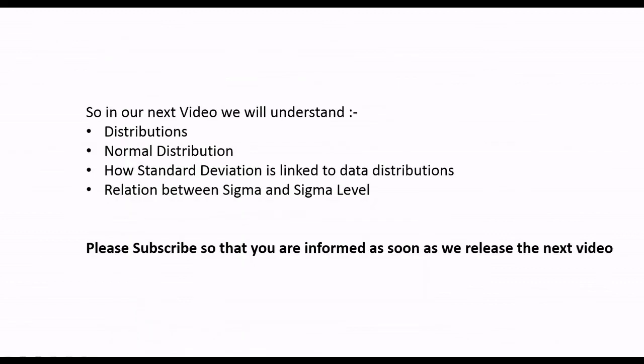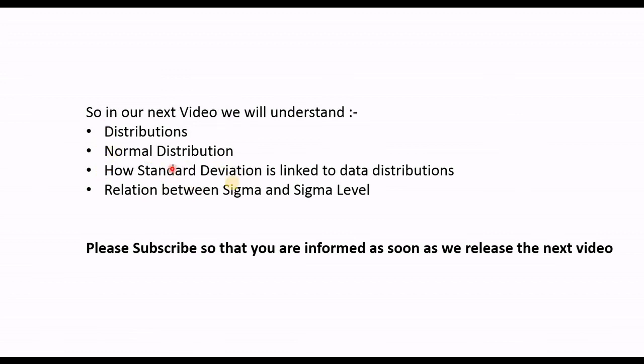So in our next video, we will understand distributions. We will just take the same example again, the police recording the car speeds, how each of these car speeds is distributed along an axis, and what we infer from there, what is called the normal distribution, and how the standard deviation we have just learned is linked to data distributions.